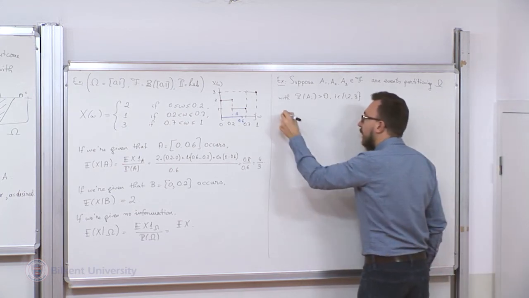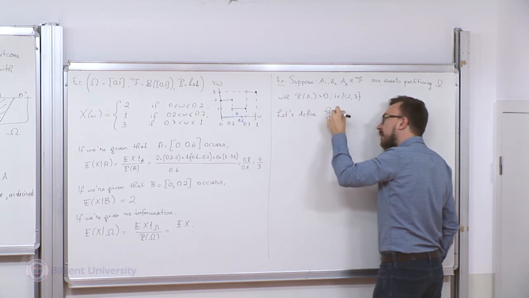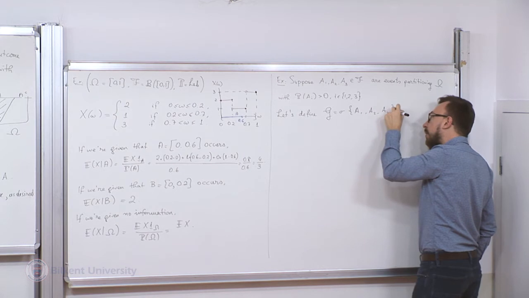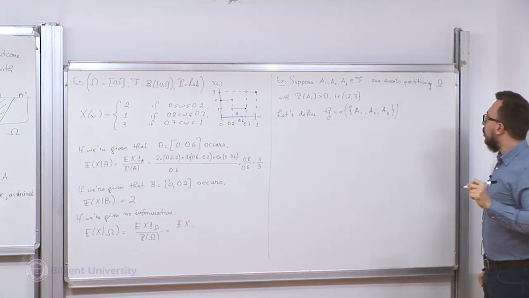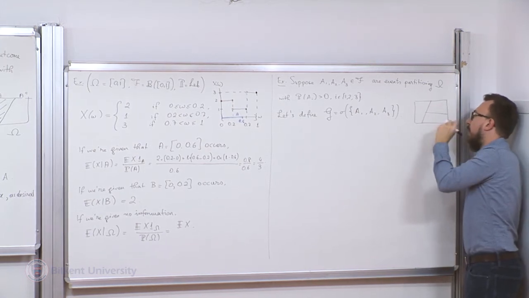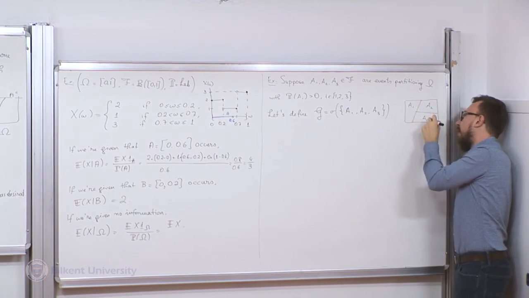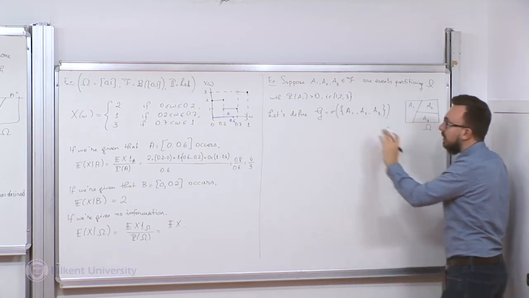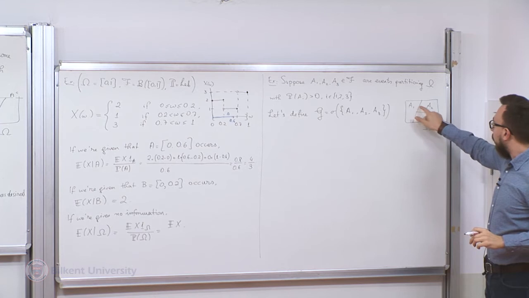And let's define the sigma algebra generated by A1, A2, A3, okay? So we have a world which is divided into 3 pieces, A1, A2, A3. And we consider the sub-sigma algebra generated by A1, A2, A3.